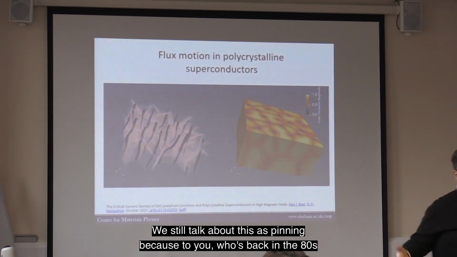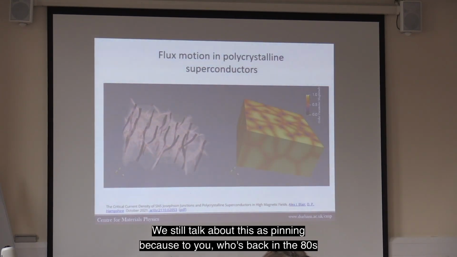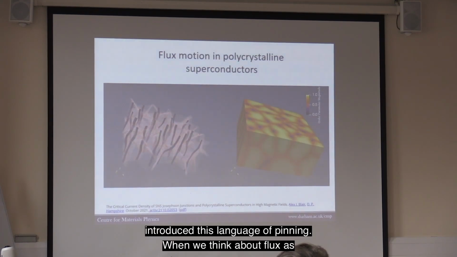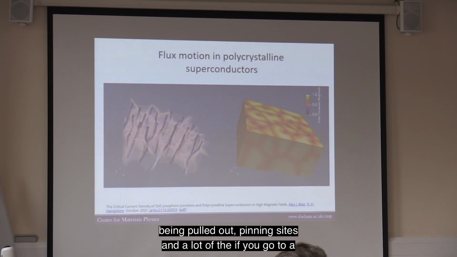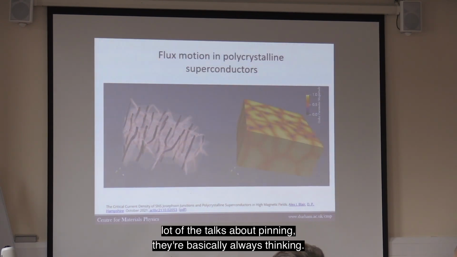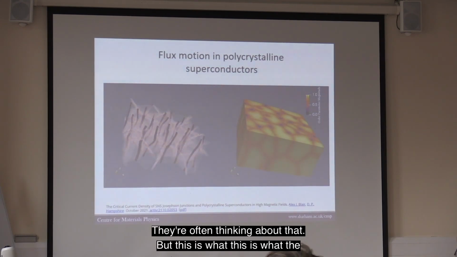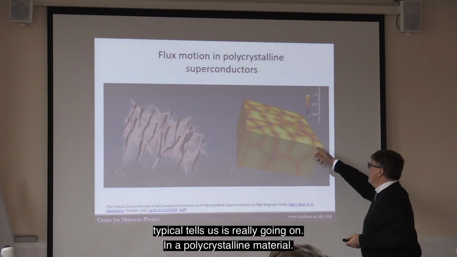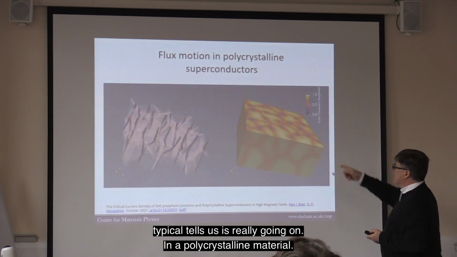We still talk about this as pinning because G. Hughes, back in the 80s, introduced this language of pinning. And we think about fluxons as being pulled out of pinning sites, and if you go to a lot of the talks about pinning, they're often thinking about that. But this is what the TDGL tells us is really going on in a polycrystalline material.